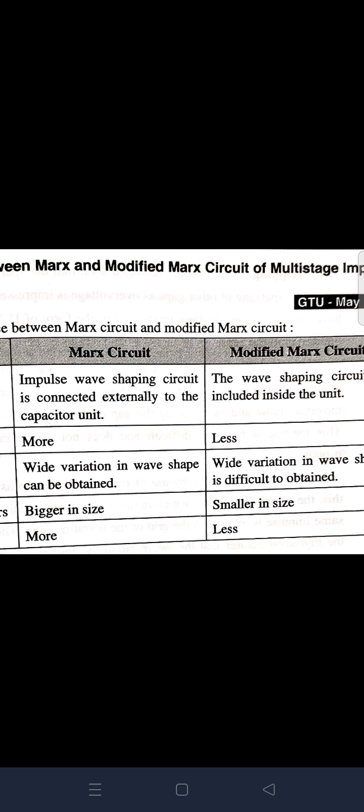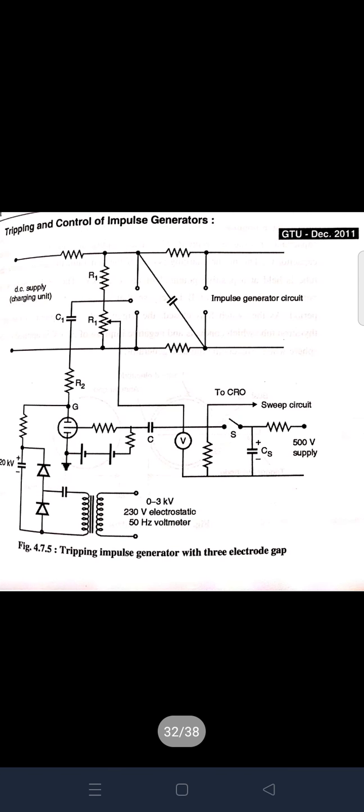Okay. So let's see tripping and control of impulse generator. Here the circuit of 3 electrode gap for tripping of impulse generator is shown. So what is tripping?